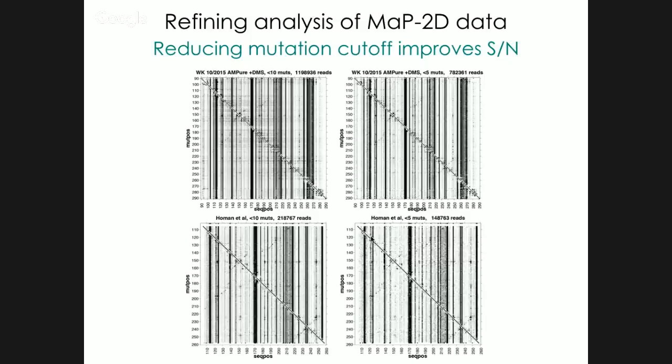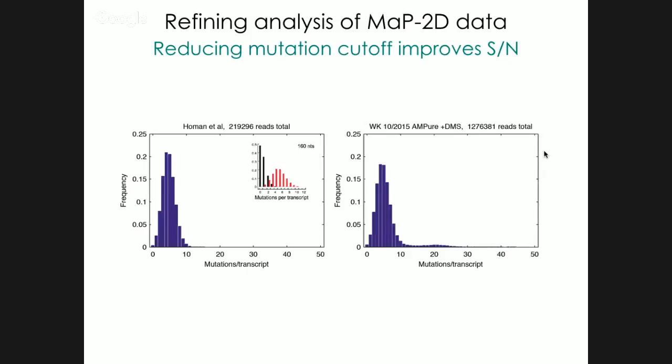So this looks nice, but we would hope that the distribution of hits between our data when we analyze it and their data is the same. And actually, it's pretty similar. This is a plot of the frequency of the number of mutations per transcript. Within each sequencing read, you count the number of mutations and then calculate the frequency at which that number occurs.